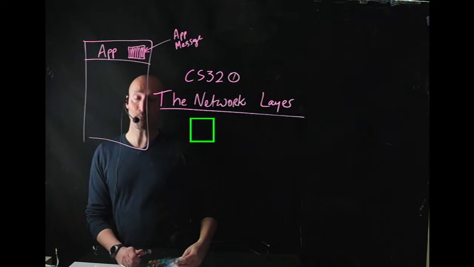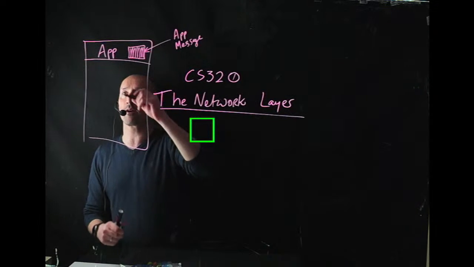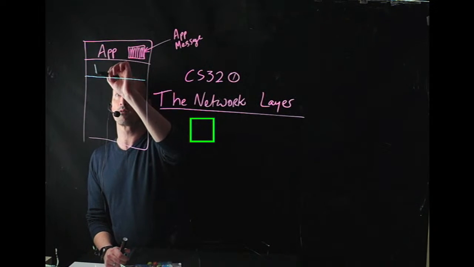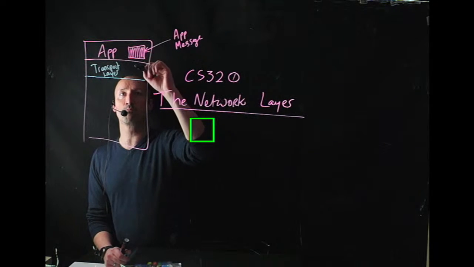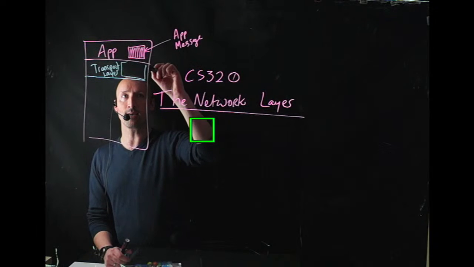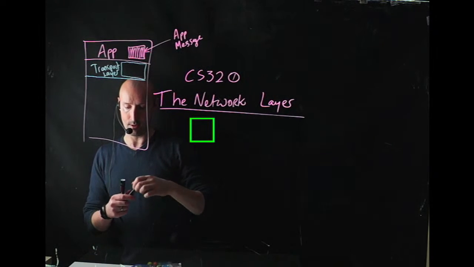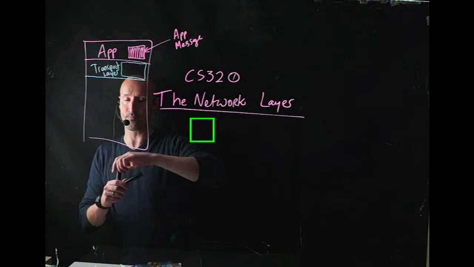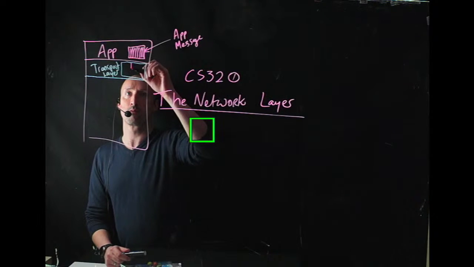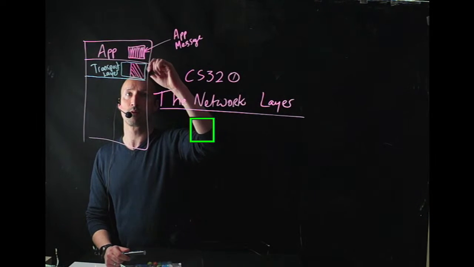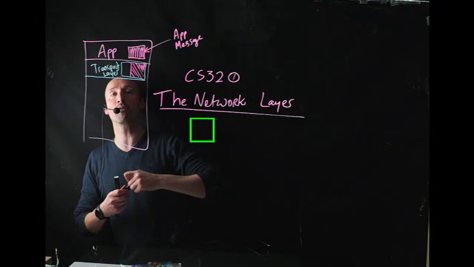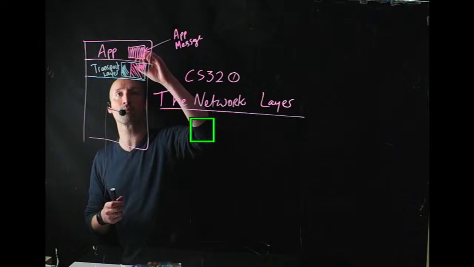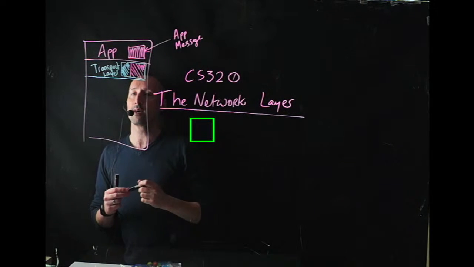Then that message was passed down to the transport layer, and this message was bundled inside a segment. So here's our message, and some new information added to that segment, some header information like port numbers, checksum and so on, which we've all learned about.